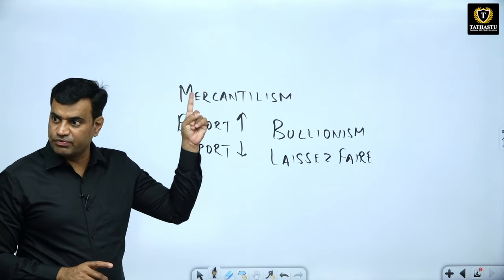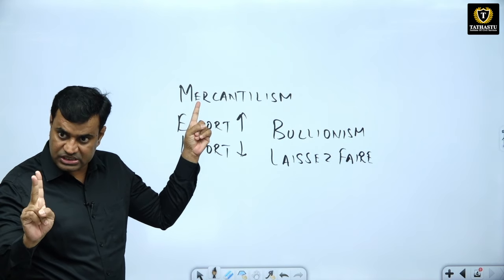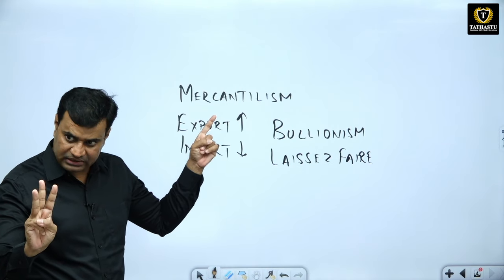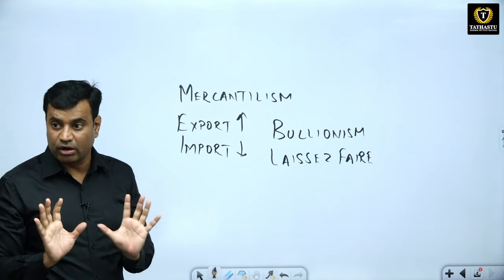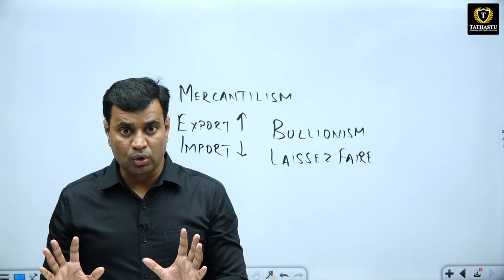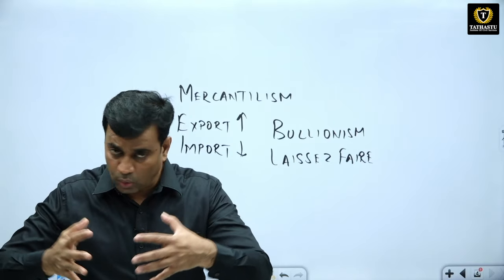Ideologies are clear. This is very important for mains. Mercantilism is clear, followed by capitalism. Capitalism based on laissez-faire. Laissez-faire given by Adam Smith. Mercantilism means hoarding of wealth. Clear? And that is normally not taken in a very positive sense. That is basically to affect the economy at the global level by concentrating the wealth in your own hand. Clear?